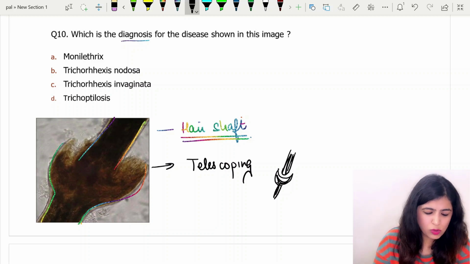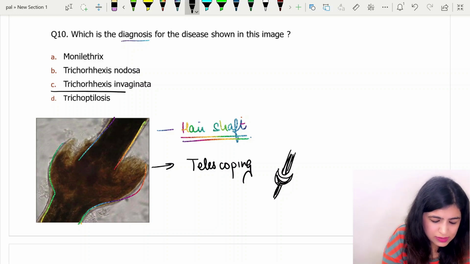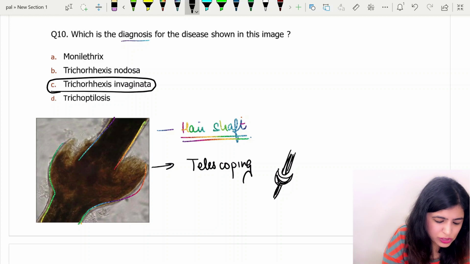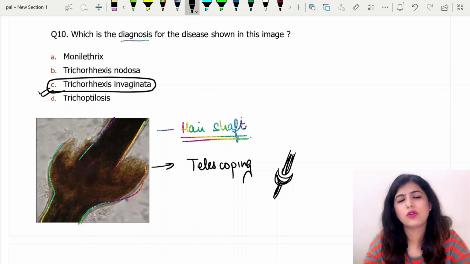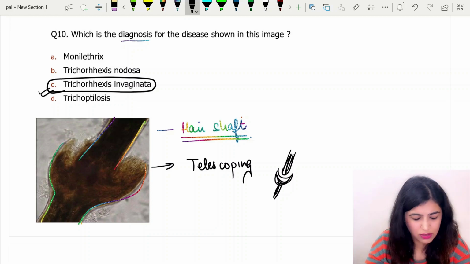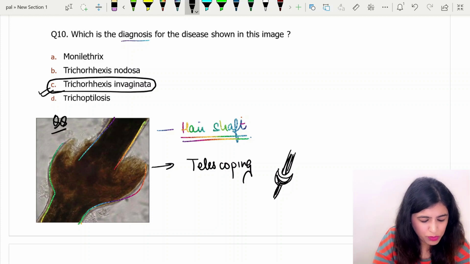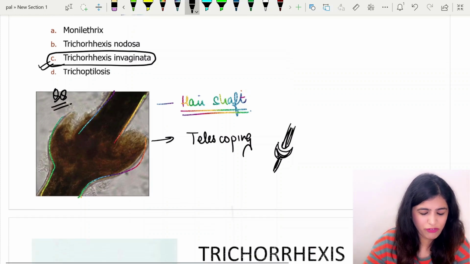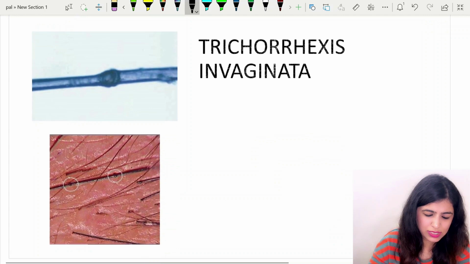This telescoping is very, very classical of option C, that is the trichorexis invaginata. So this is an important finding that you find in trichorexis invaginata.